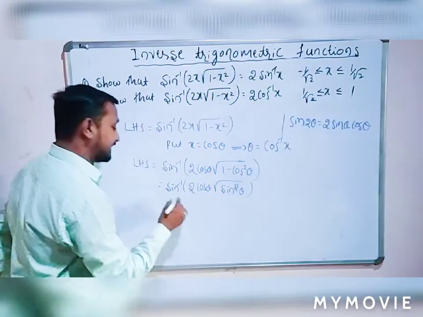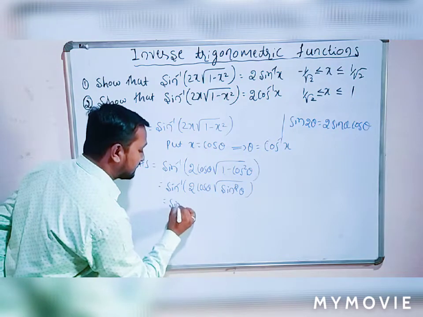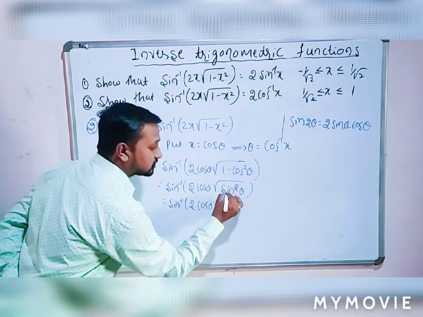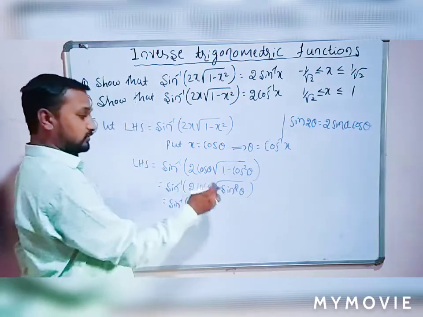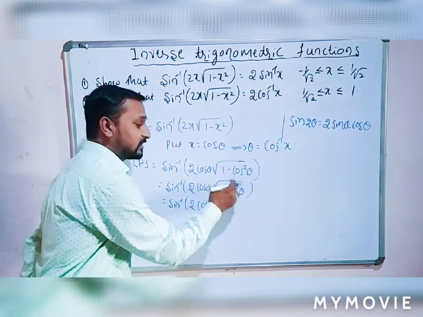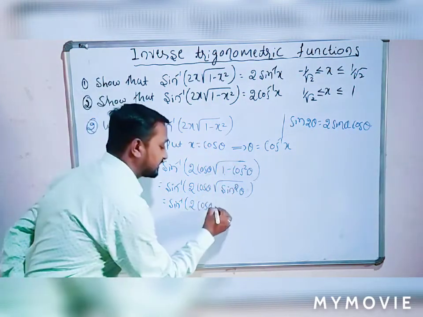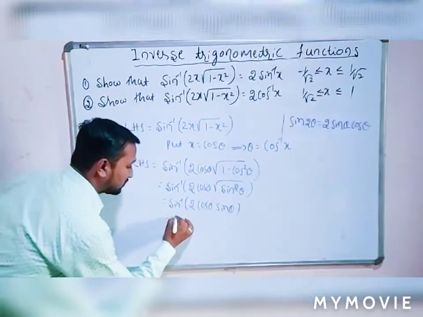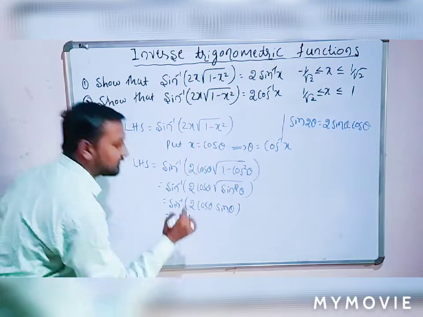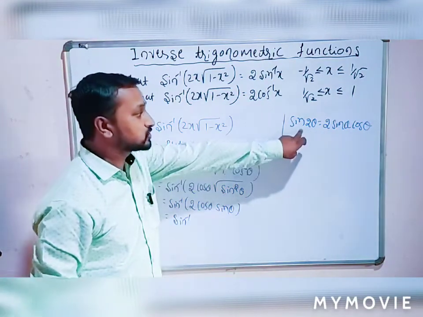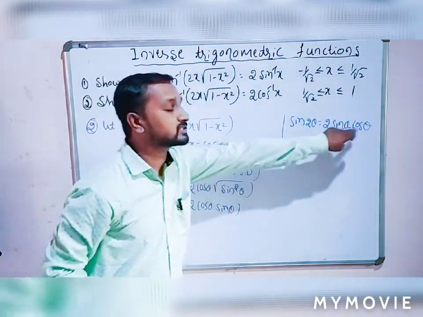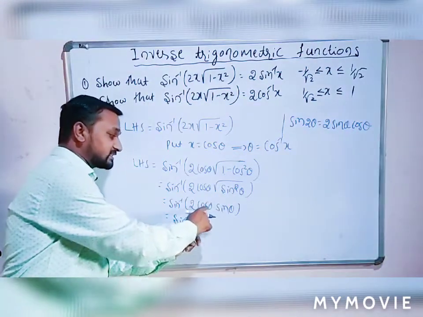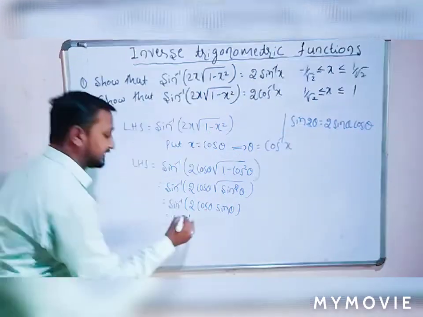Root of sine square theta, the root and square get cancelled, remaining sine theta. Since sin 2 theta equals 2 sin theta cos theta, 2 sin theta cos theta is sin 2 theta.